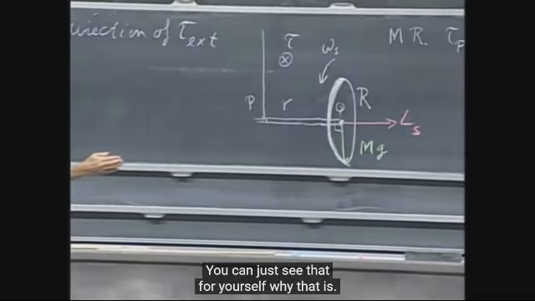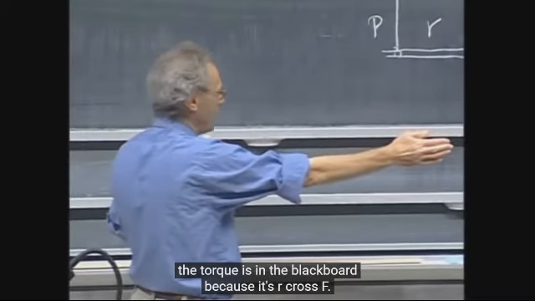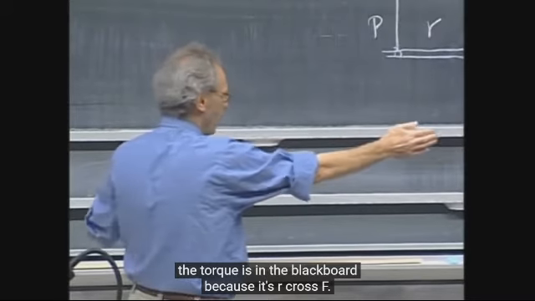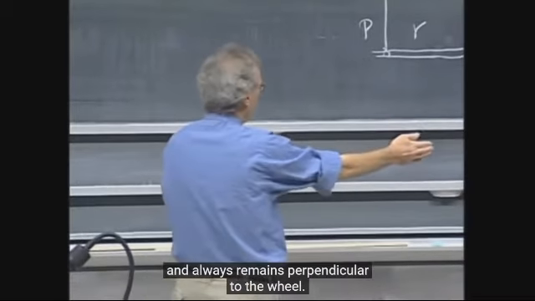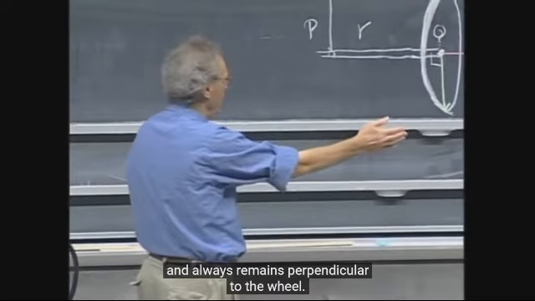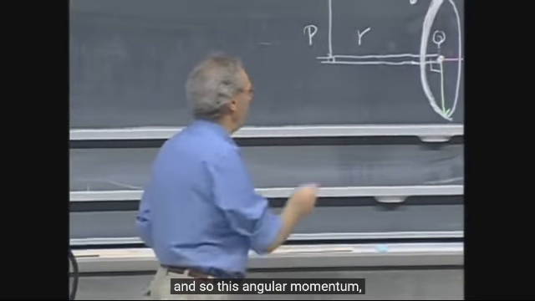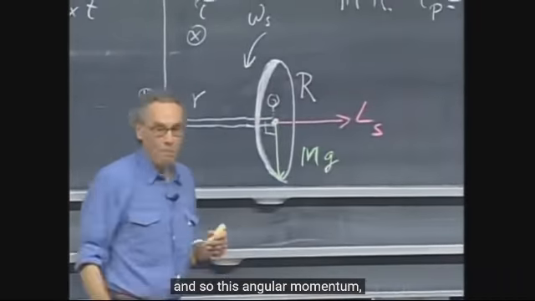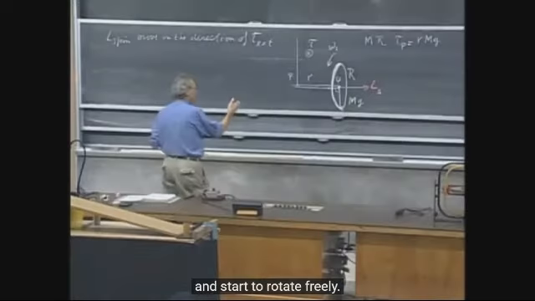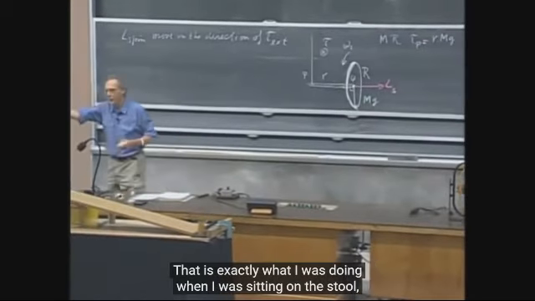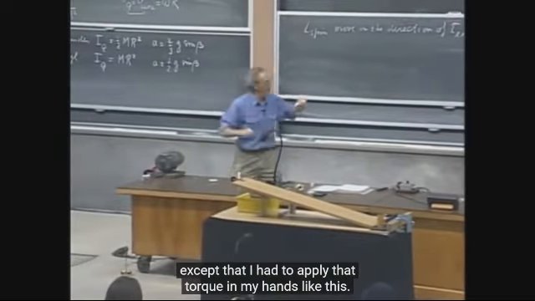At this very moment, when the angular momentum is like this, the torque is in the blackboard, because it's R cross F. But when I'm here, this R has changed position, and always remains perpendicular to the wheel. So the torque will also change direction, and so this spin angular momentum will keep chasing the torque and starts to rotate freely. That is exactly what I was doing when I was sitting on the stool, except that I had to apply that torque with my hands like this.